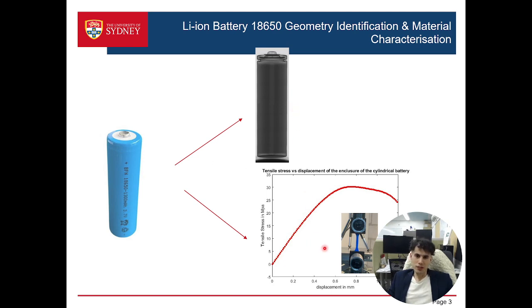Tensile strength measurement process. We cut some samples from the enclosures. You see here the blue PVC part of the battery, and we just cut some samples. One of the important things is the samples should be properly shaped and sized according to the testing standards.